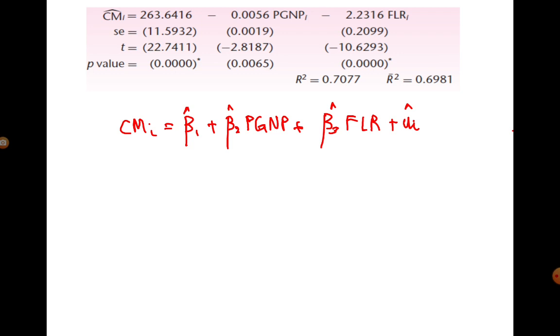Similarly, a value of minus 2.2316 for beta 3 hat means that if the female literacy rate goes up by 1 unit, child mortality will come down by 2.2316 units.